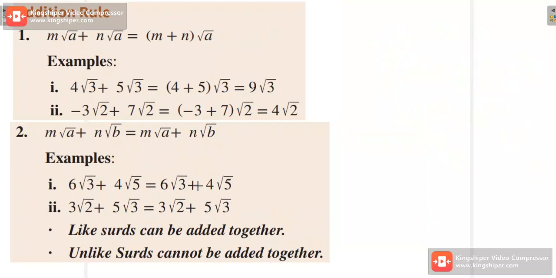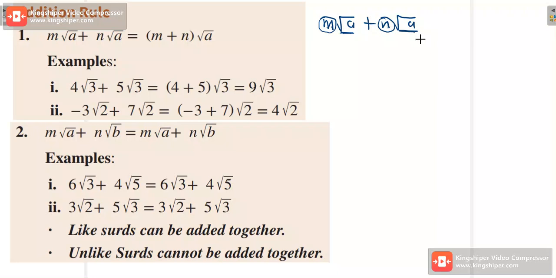So you can try or justify the answer to this. Let's go to the addition rule. We have m root of a plus n root of a. Now you can see that there is a common set here, root of a, but we also have some rational numbers, m and n.